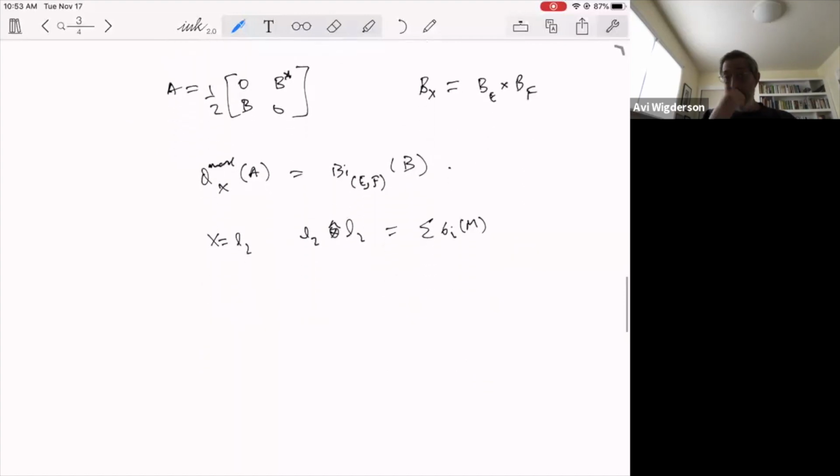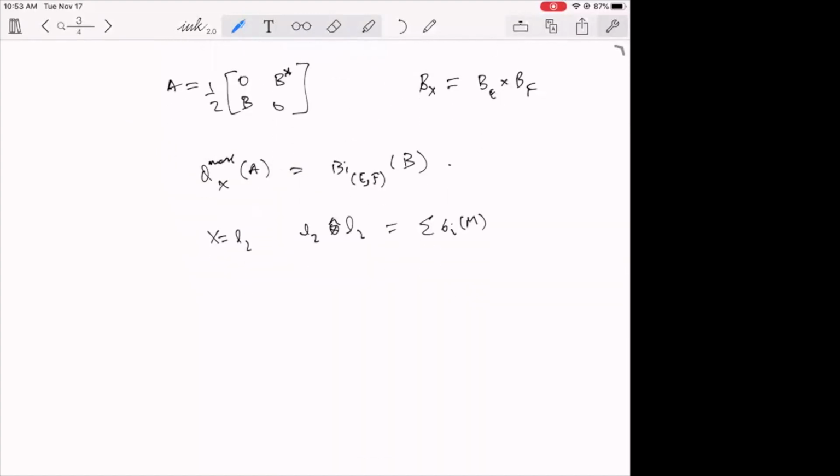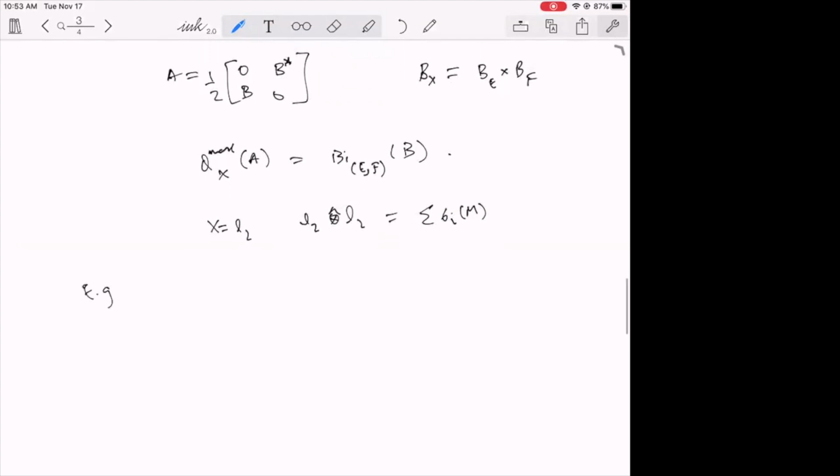Right. So quadratic maximization, I just defined that. Let me just give this L2 example.